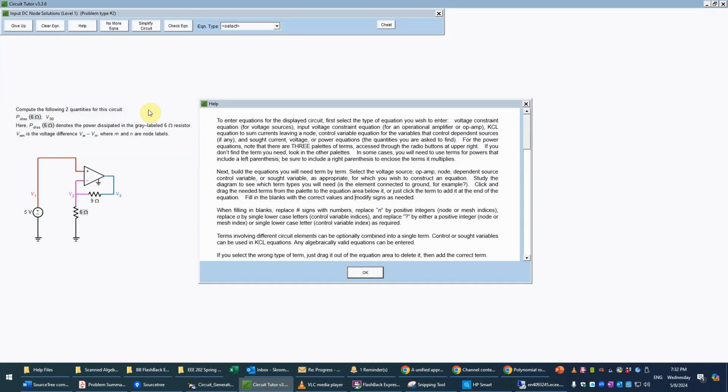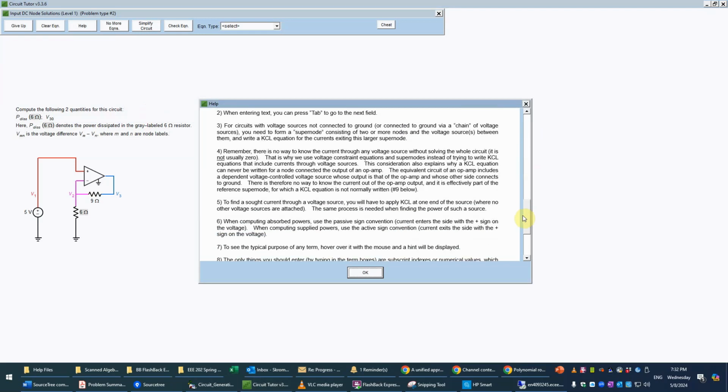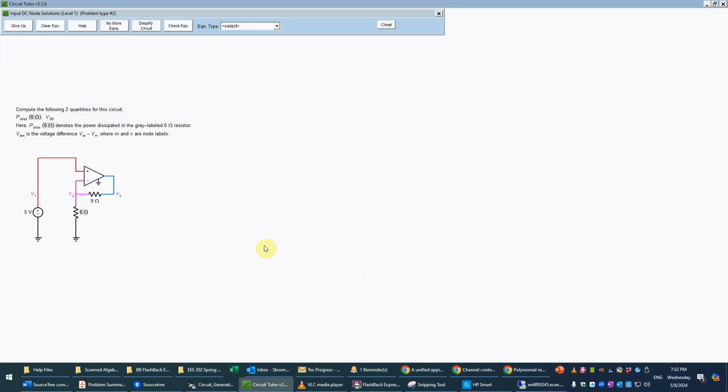So here is a circuit, and we have some instructions here which basically outline what we need to do. And you can always bring those up from the help menu if you need that. So we notice that we have an operational amplifier here pointing to the right, which is this triangle shaped schematic. And remember that inside there we basically have an almost infinite input impedance between the positive and negative inputs.